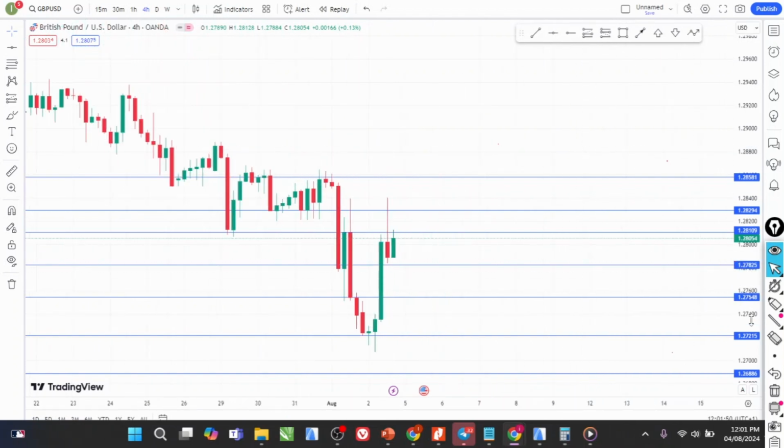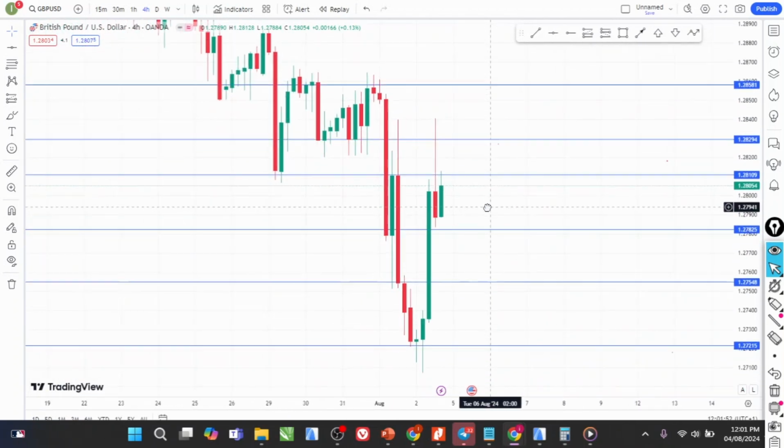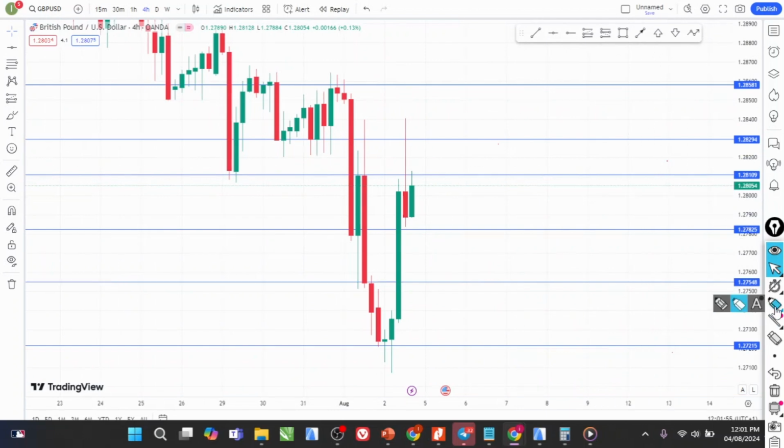So now what we are going to be expecting this week. This is where the candle closed off last week. The candle closed bullish, but look at this previous candle that closed bearish. Look at this long weak rejection. So this indicates that the trend is about to continue.